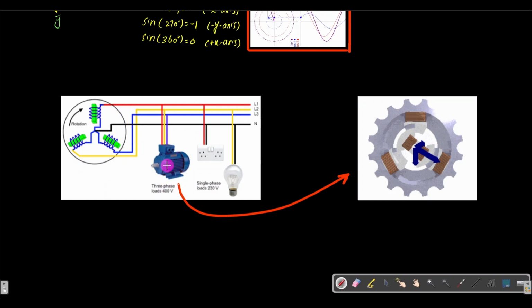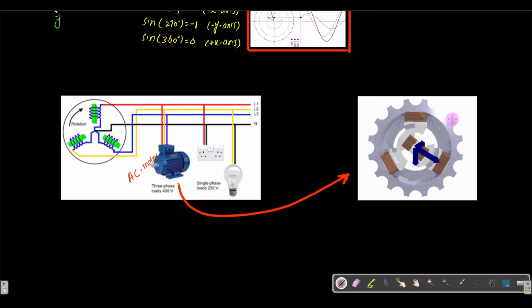For this load, let's say this is an AC motor, and for an AC motor we require three phases. That three phases come from here, one from this, another from this, and another from that.